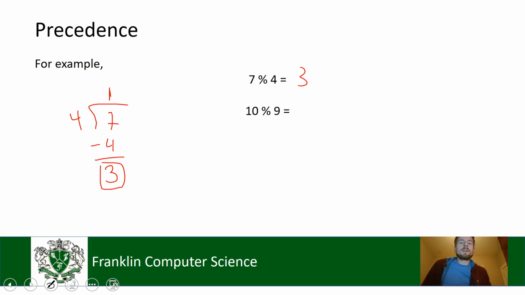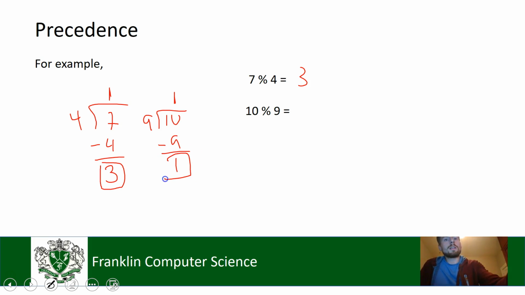Okay? 10 mod 9 is 10 divided by 9, and then you take the remainder left over. 9 goes into 10 one time, and there's a 1 left over, so this is equal to 1.